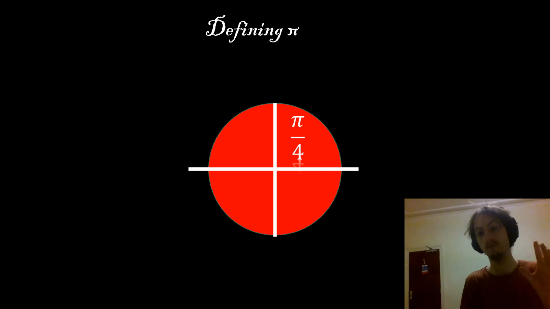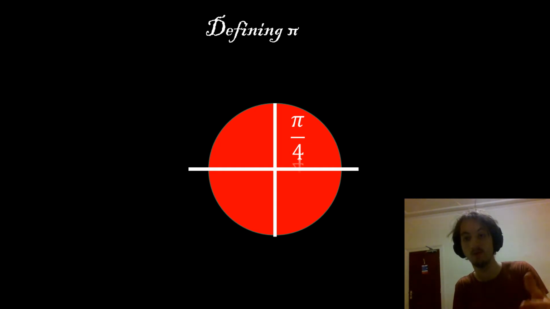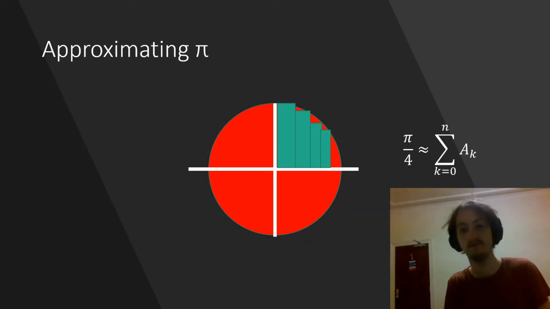Each of these quarters of the circle, because they're all even, have the same portion allocated to them. Each of these segments is going to have an area of pi over 4. The area of the circle as a whole is pi, and so the area of one of these segments is just going to be pi by 4, because we have 4 of them, and when we put them together we have the circle as a whole. So that's a good definition for pi, or pi over 4.